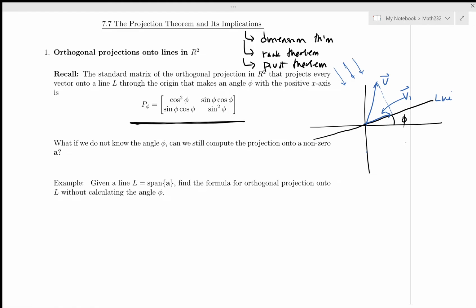Okay, so what happens if we don't know the angle? Presumably if we were given the line as the span of a vector, we could compute the angle. But the idea is, can we compute the projection given that we get the line given to us like this? So the line is the span of some vector A. Can we find the formula for the orthogonal projection onto L without calculating the angle phi?